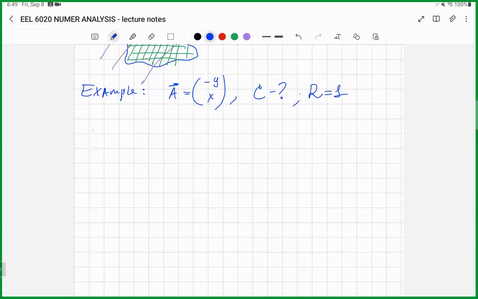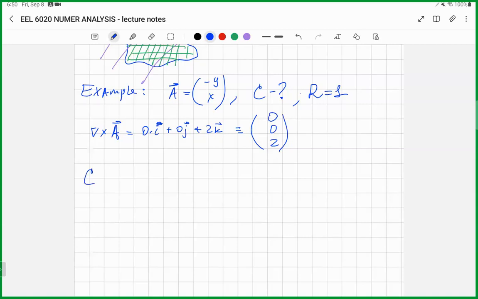So the first thing we do, we find the curl of this field, and it's already defined, right? It's equal to 0i plus 0j plus 2k, or in the column representation, it's equal to (0, 0, 2). Okay, so this is our curl.